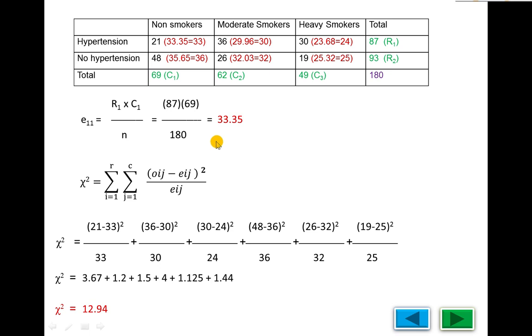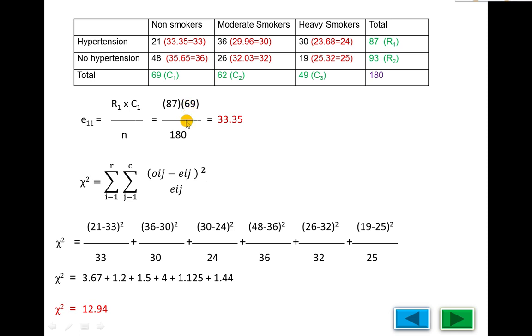So how do we find the expected frequencies? First calculate the totals of the columns and the totals of the rows. This is the total of the rows, this is the total of the columns, and the grand total is 180. For E11, first row, first column, the total of row 1 is 87, the total of the first column is 69.